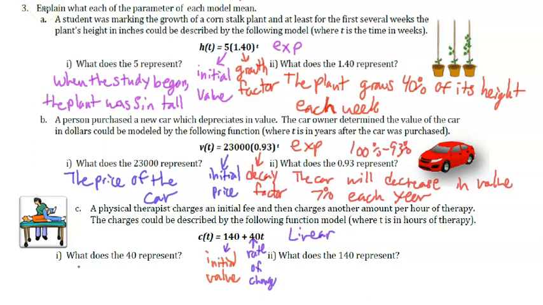So the 40 represents the price per hour. And then the 140 represents the initial fee.